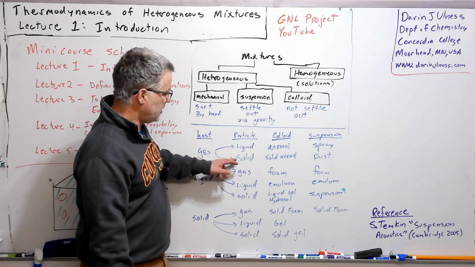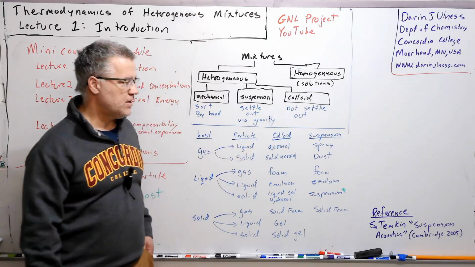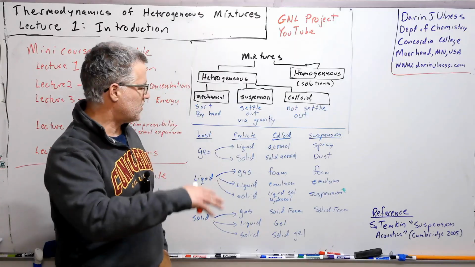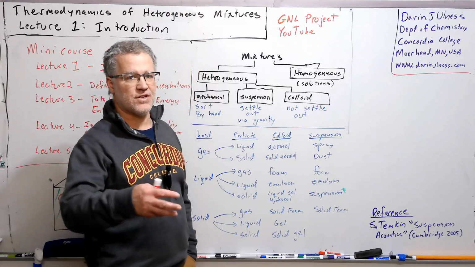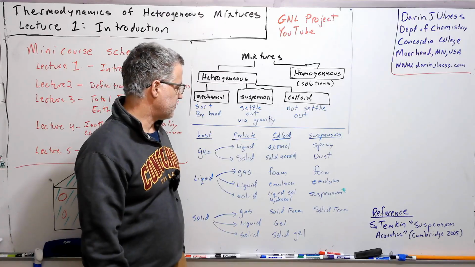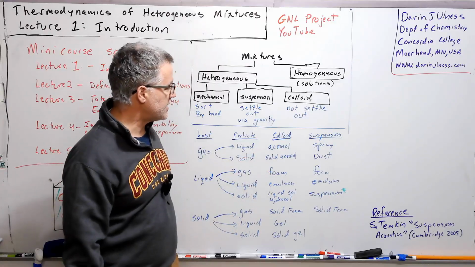But we can have a liquid or a solid. And if it's a colloid, in all cases, they're typically called aerosols, but we tend to call aerosols those that are colloids. So we have a liquid aerosol if it's a liquid in a gas, and a solid aerosol if it's a solid in a gas. So this would be like cigarette smoke or something like that.